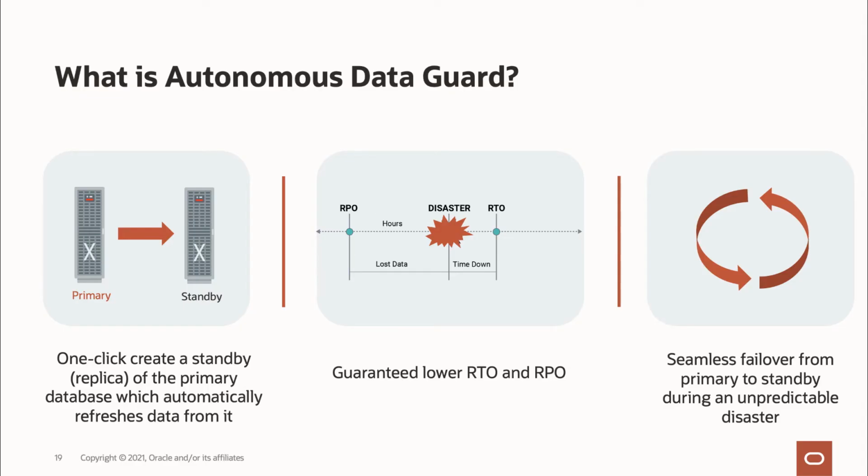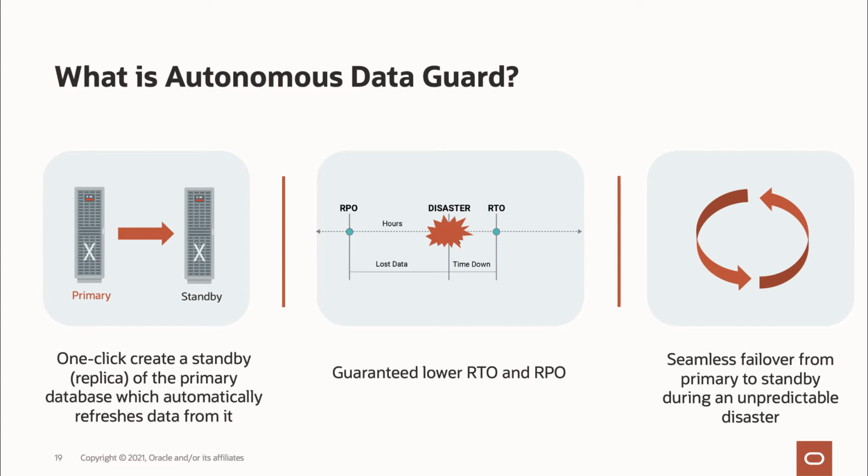Autonomous Data Guard allows you to very easily, in just a few clicks on the UI, enable a standby database, which is basically an identical copy of your source or your primary database, which is constantly keeping up to date or refreshing data from the primary database.